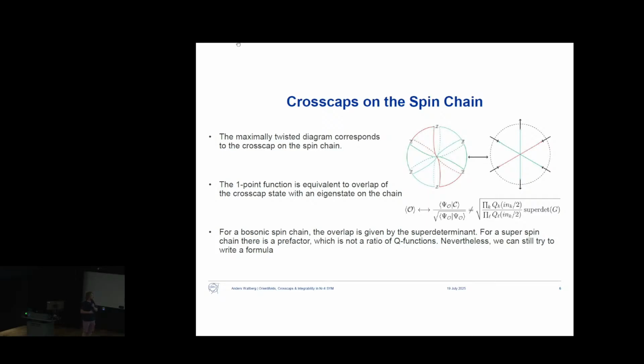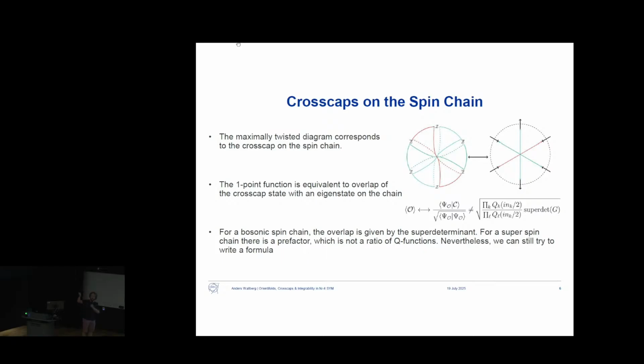So if you want to compute these one-point functions, it can be mapped precisely to the overlap between a Bethe state and your crosscap state on the spin chain. Very similar to what Charlotte was showing for this defect case, where here instead of the crosscap state, we had this so-called boundary state.